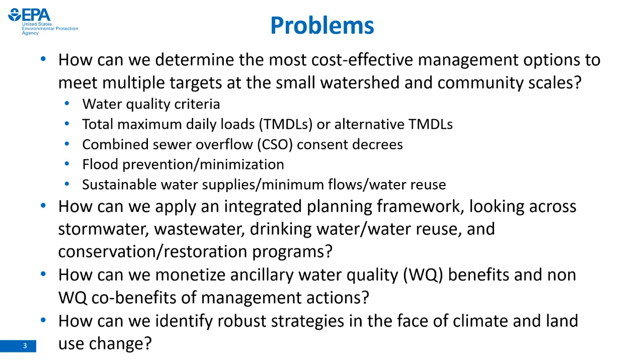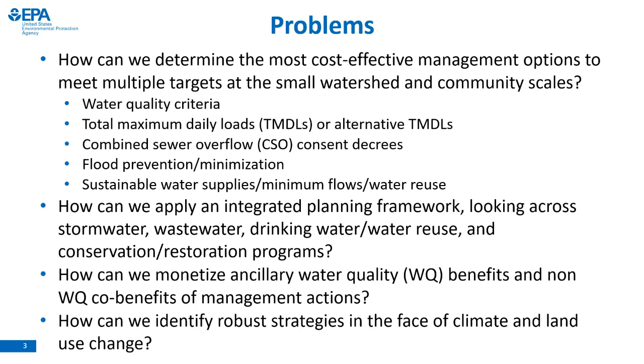So when we started out to develop WMOST, we were trying to address a series of problems that many communities and watershed organizations were facing. First and foremost, stakeholders need to find the most cost-effective management options to meet multiple targets for water quality and water quantity at the small watershed and community scales. And by small watershed, I'm referring to 12-digit to 10-digit hydrologic units.